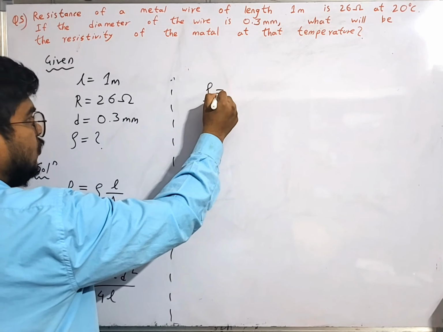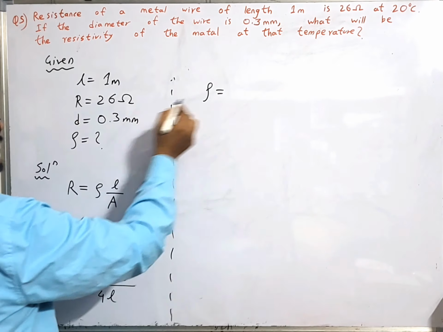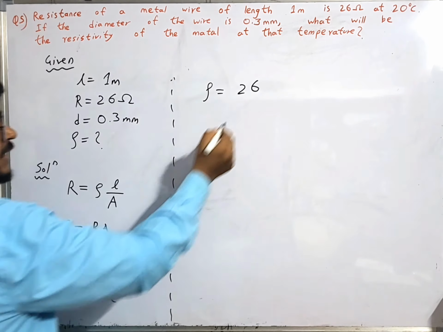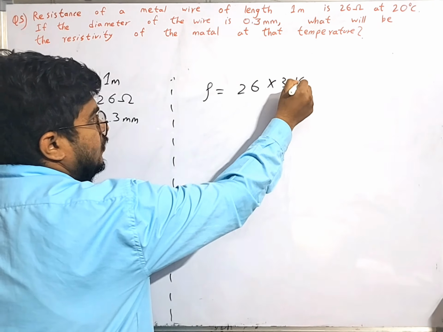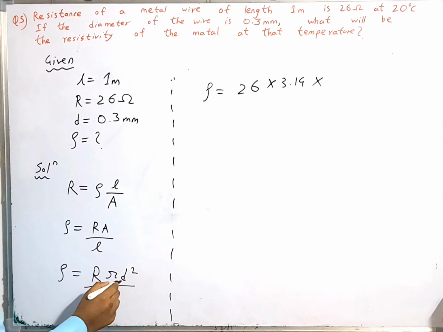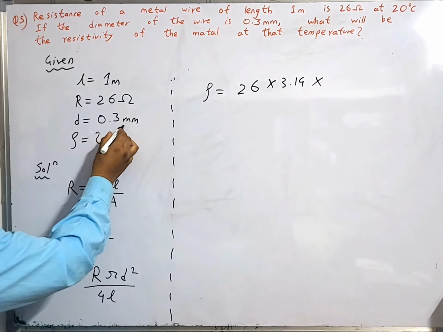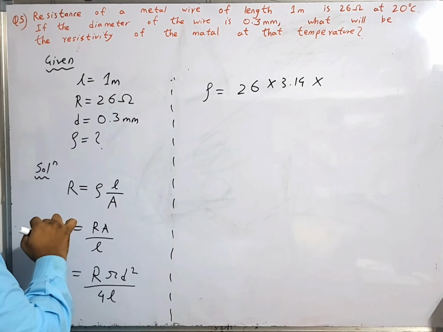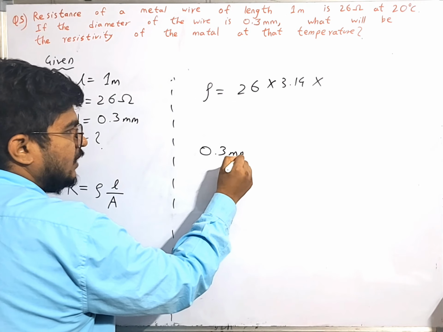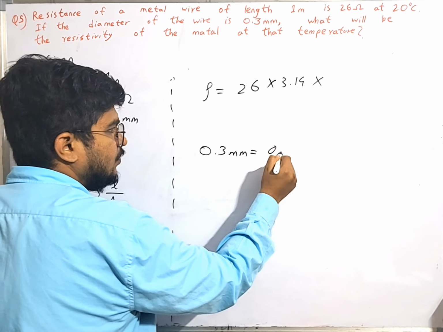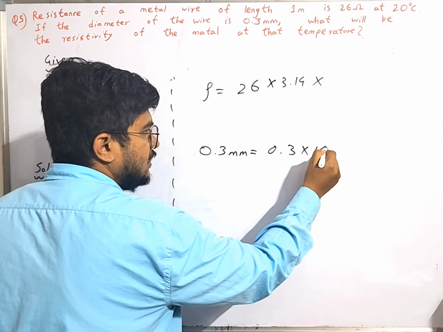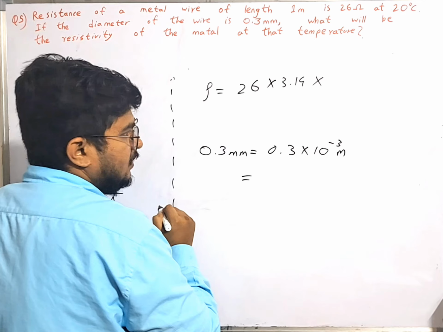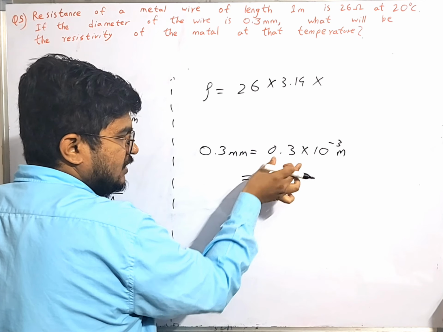Now we are going to put the values. Rho is equal to R. Value of resistance is 26 ohms. Value of pi is 3.14. Value of D is 0.3 millimeter. Now we have to convert this millimeter into meter. So 0.3 into 10 raised to minus 3 meter. Now we are going to convert this 0.3 into 3.